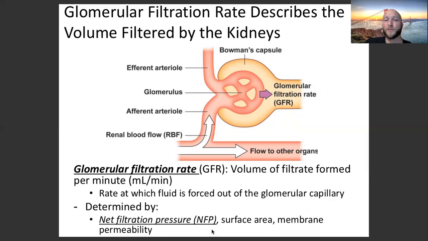So her membrane permeability increased significantly because of her disease state. And so net filtration pressure was the same, but GFR went up. So it's not just NFP that determines GFR, it's also surface area and membrane permeability. Little Corey, her membrane permeability went up.